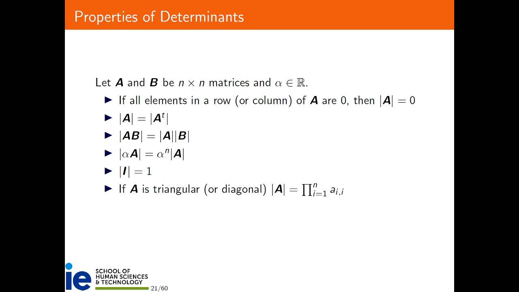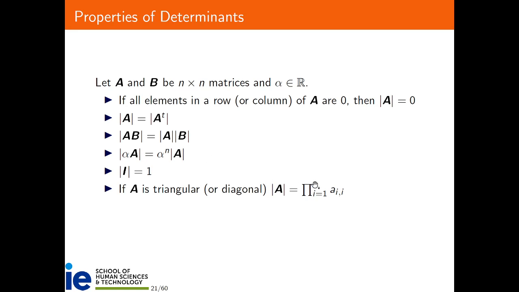One thing that we will see at the end of this class is that I can often write a matrix as a product of matrices. So if for that product of matrices, computing the determinant of each individual matrix is very easy, then computing the determinant of the original matrix is easy too.